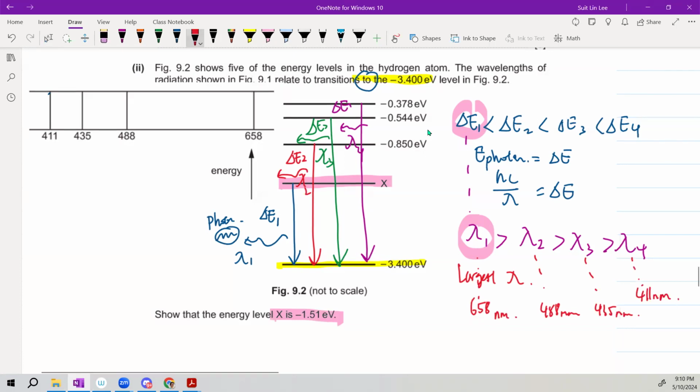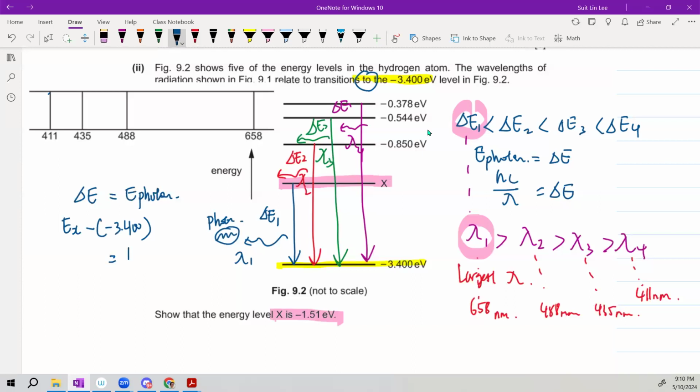Then I just continue. Delta E, the change in energy level, is equal to the energy of the photon. I care about the energy of X transitioning to 3.400. Energy of photon is hc over lambda.